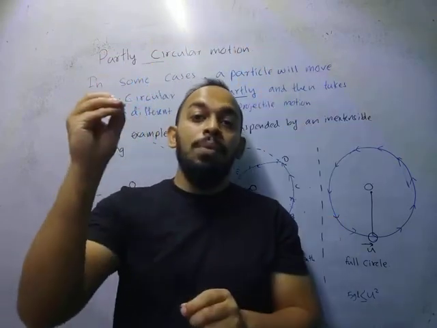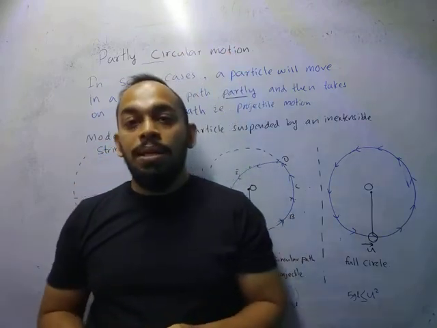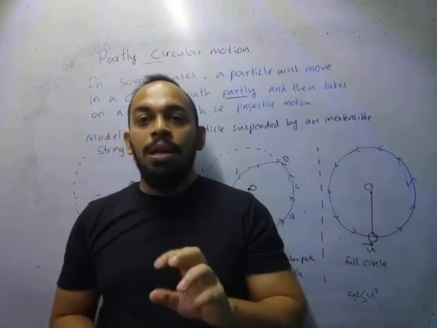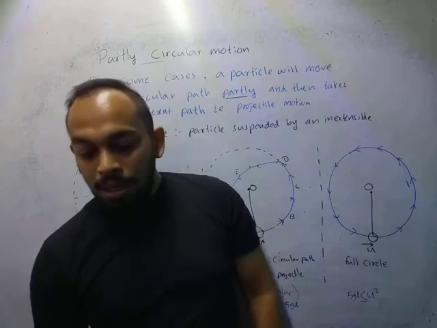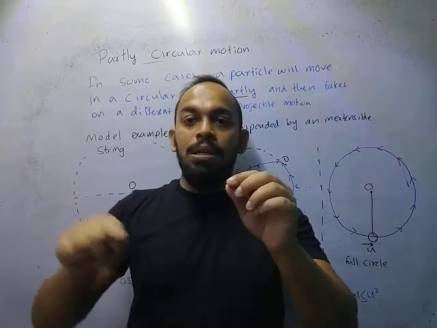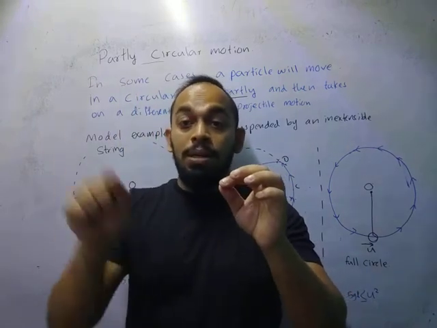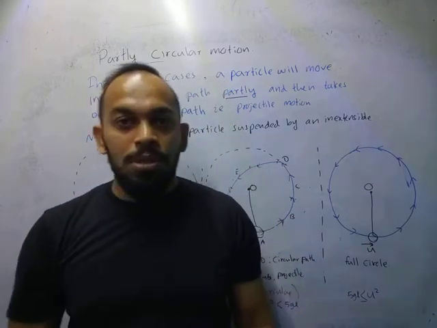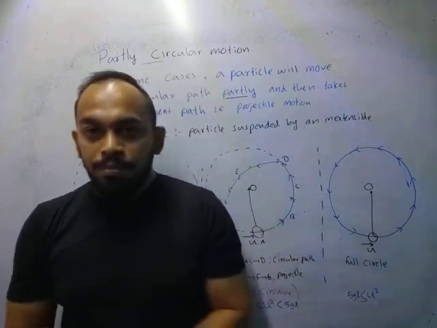For example, it will move under gravity. So in that case, the particle will have two types of motion. Initially the partly vertical circular motion, then projectile motion. So this is very important.